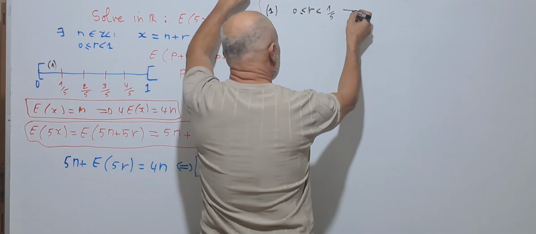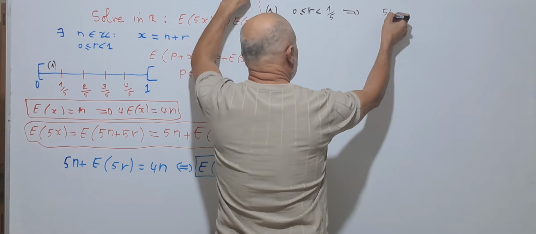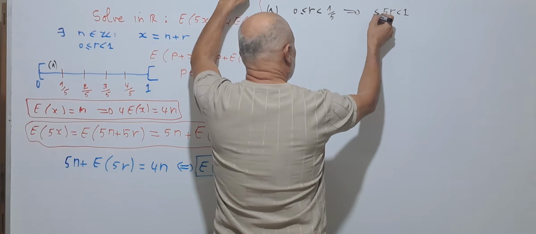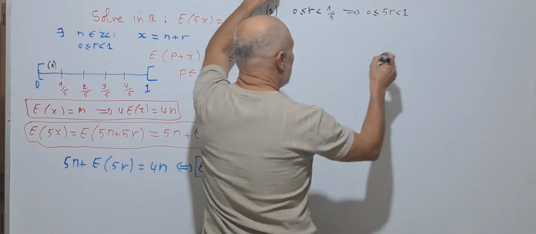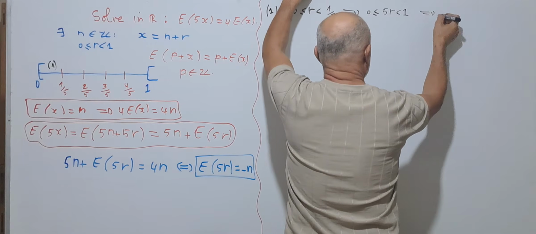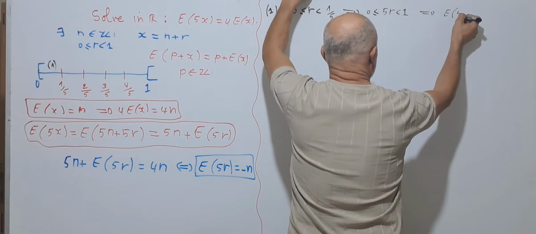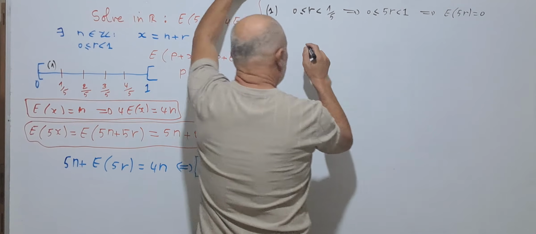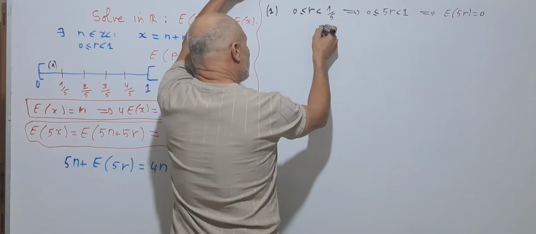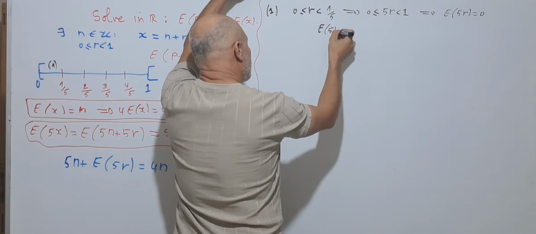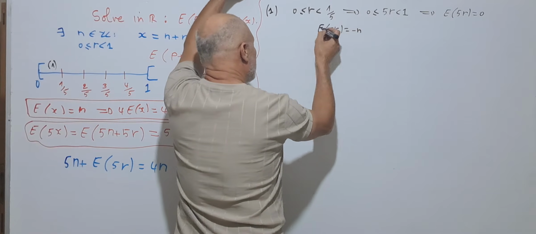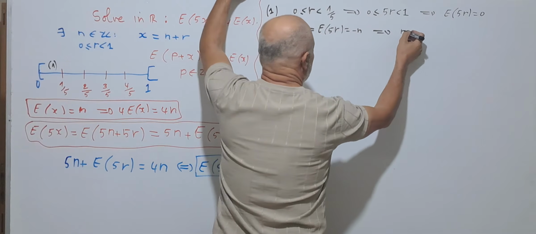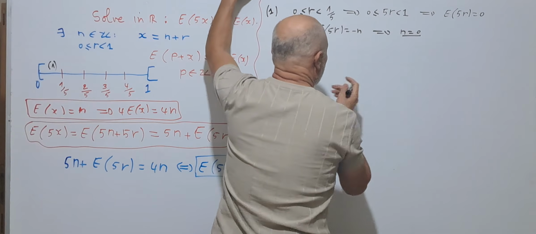So 5r is less than 1 and greater than or equal to 0. And by the way, the integer part of 5r in this case is equal to 0. We need to solve the integer part of 5r equal to minus n, and from this side it is equal to 0. So n is equal to 0.